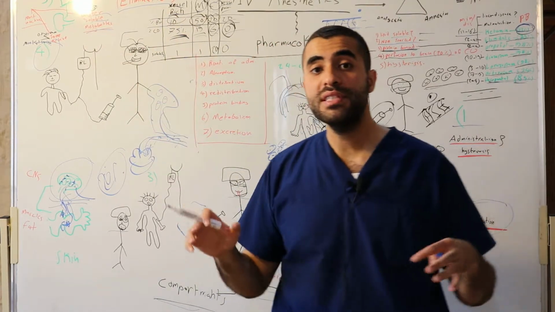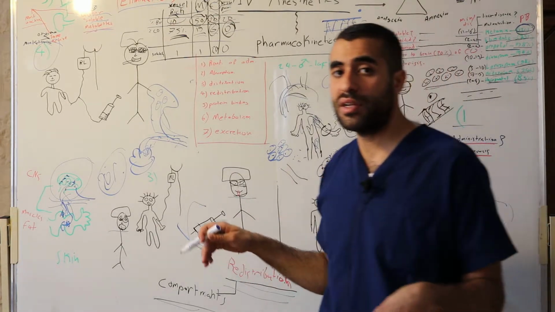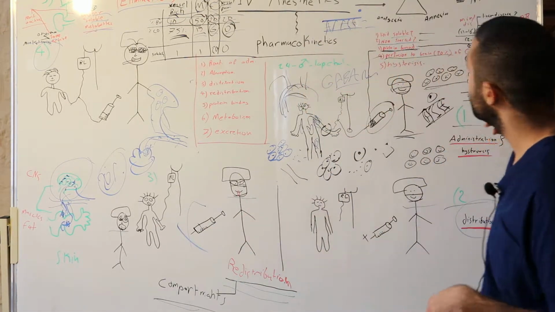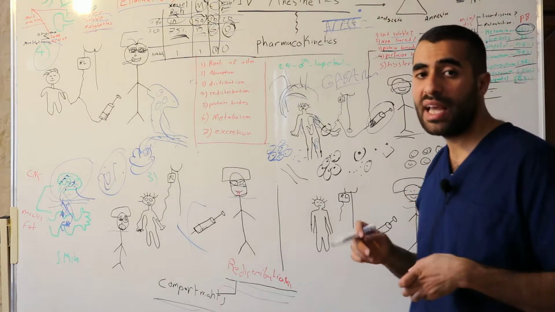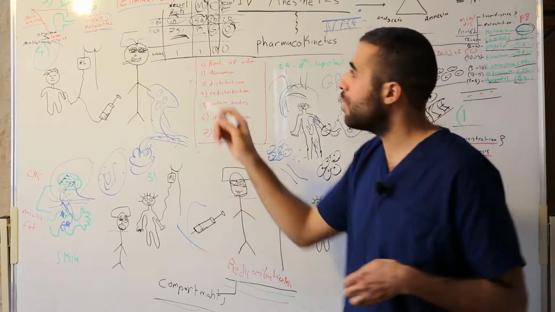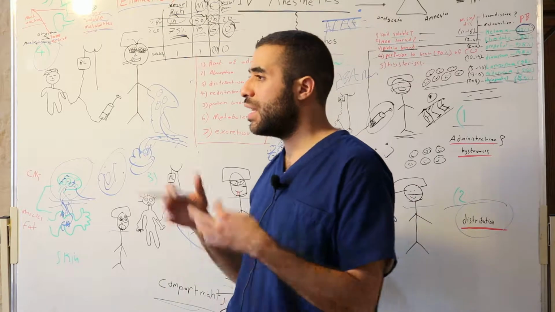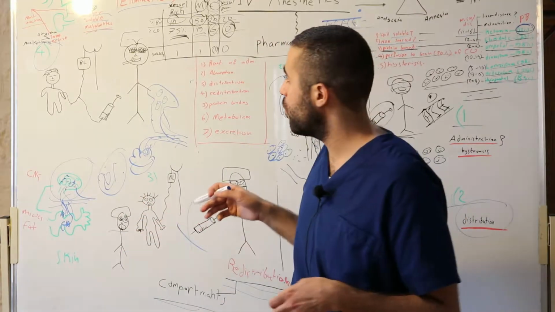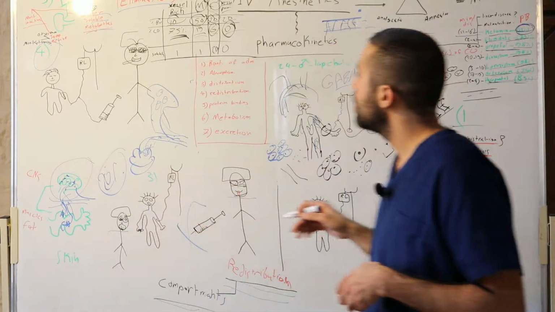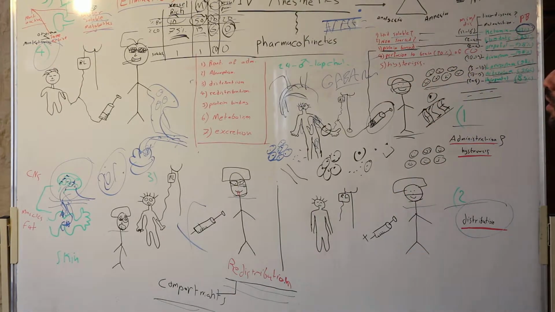Less proteins means more free fraction of the drug, so the drug will act in a faster manner, and it will take more time to be metabolized by the liver, because there will be a more free fraction of the drug.